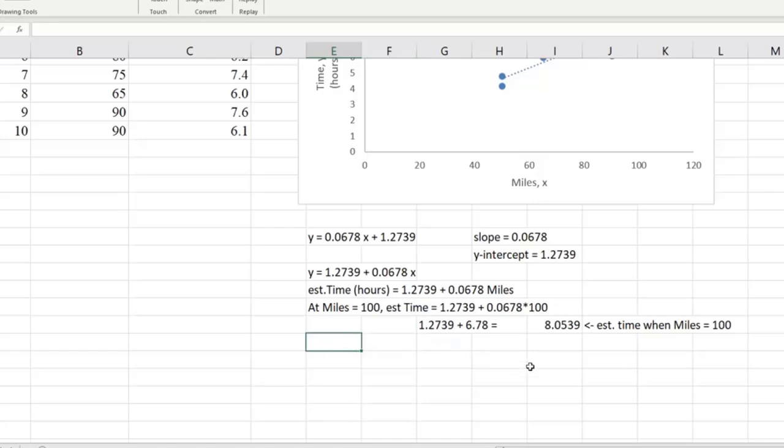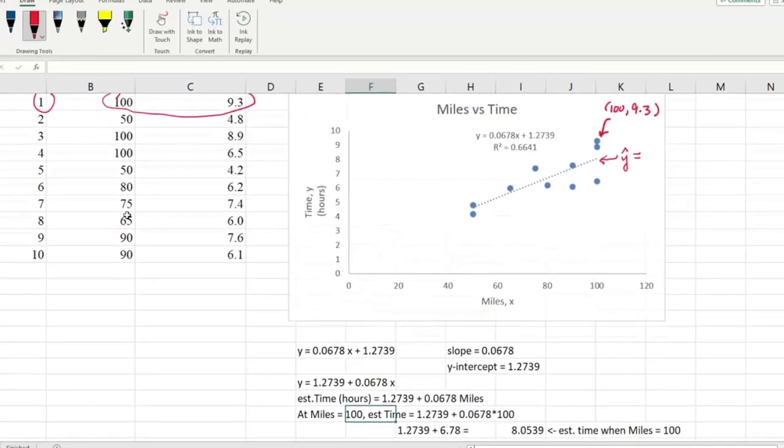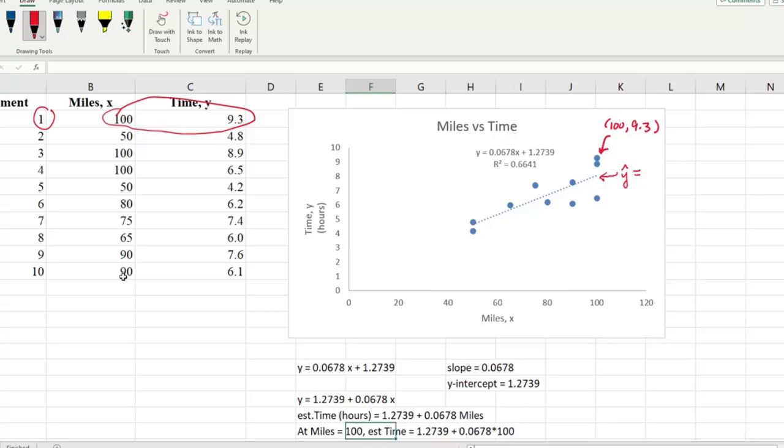Now, suppose you have a driving assignment with, let's say, 60 miles. So now we could estimate the time. If you look over here, I don't see 60, but because I have this line, I could make the prediction.